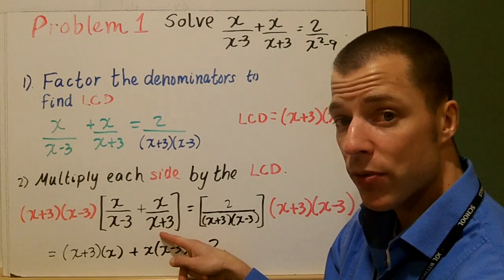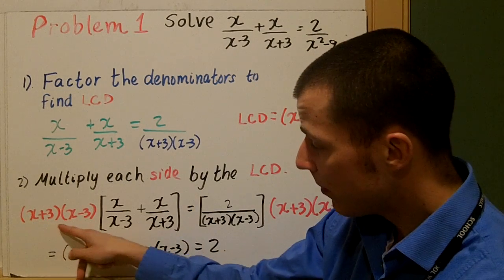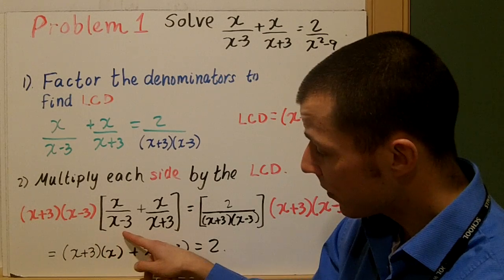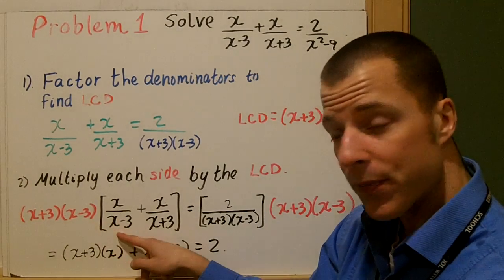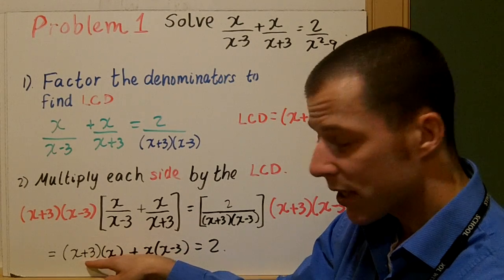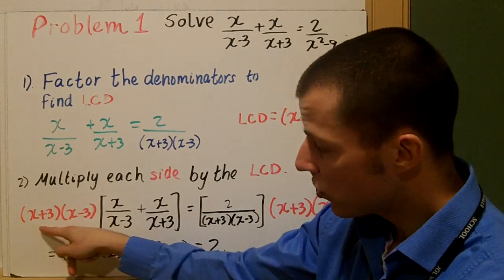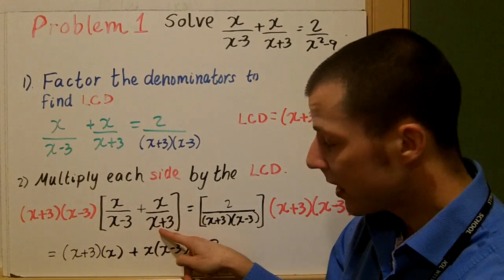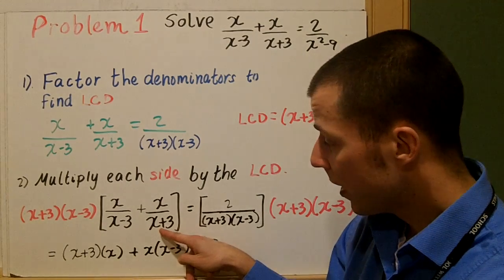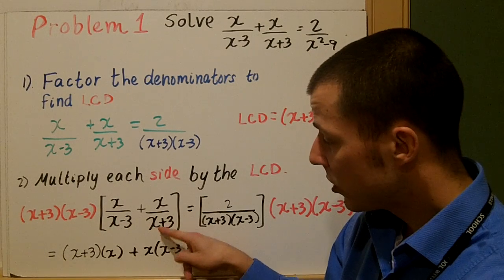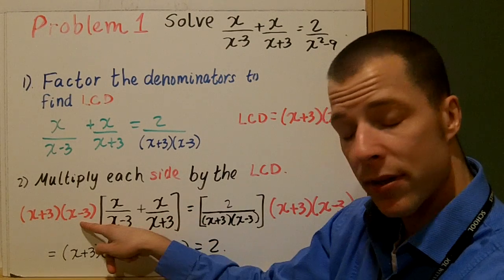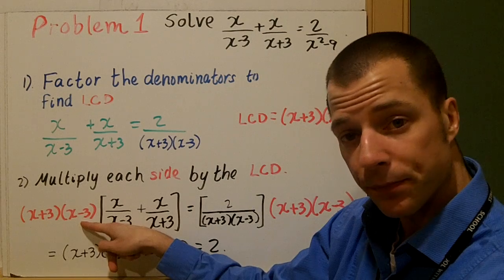It just so happens we get simplification. For example, when you multiply the LCD by this first rational expression, the x minus 3's cancel. So you're left with x times x plus 3. When you distribute the LCD to the second rational expression here, the x plus 3's will cancel. They'll just become 1. And so you would have x times x minus 3.